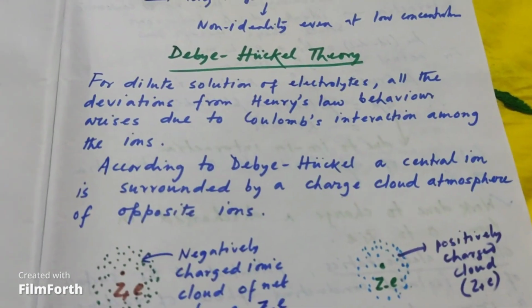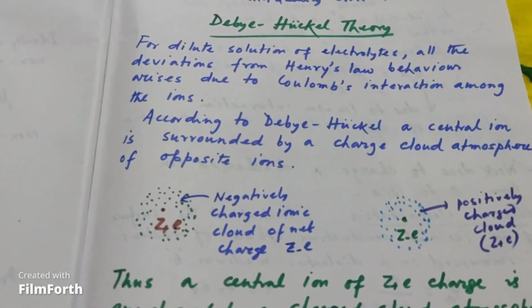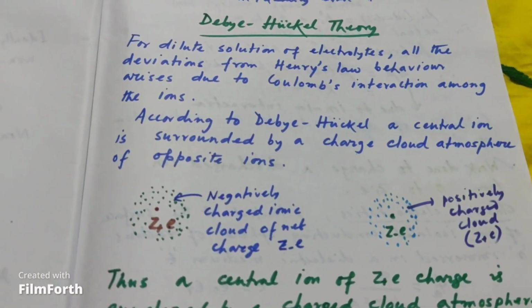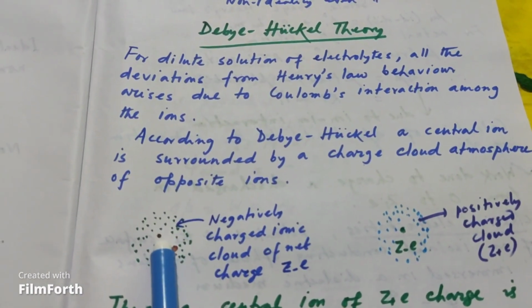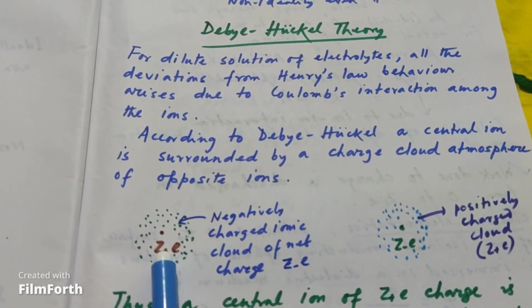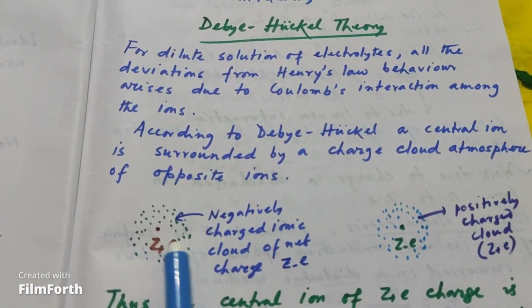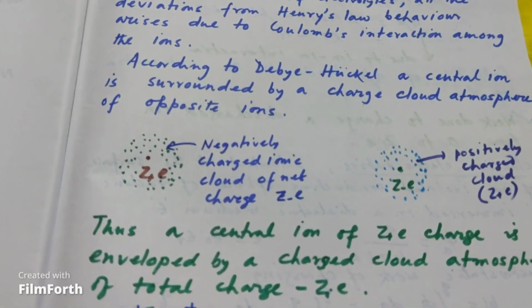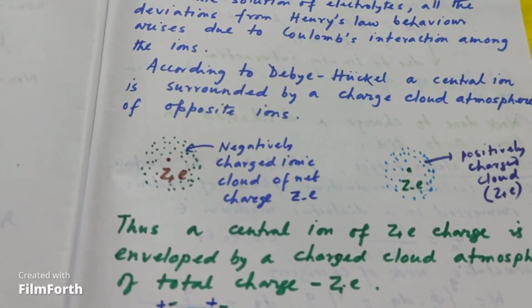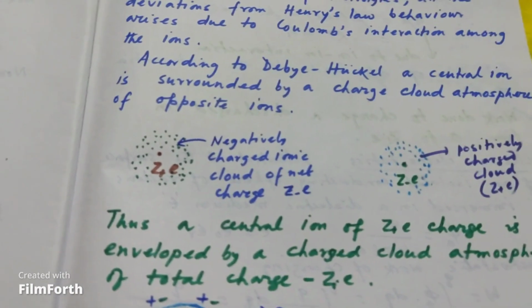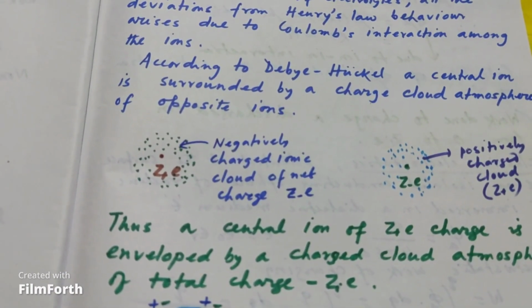According to Debye and Huckel, a central ion is surrounded by a charged cloud atmosphere of opposite ions. Suppose there is a positive charge at the center with charge Z plus e, and around the positive ion there is a net negative charge cloud of charge Z minus e.